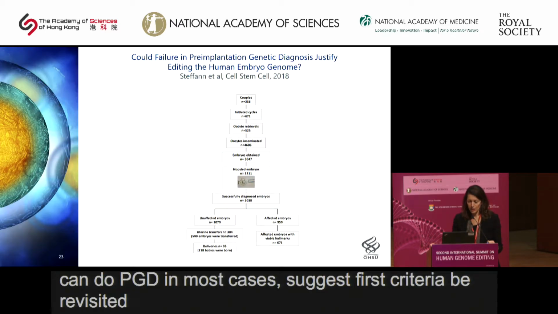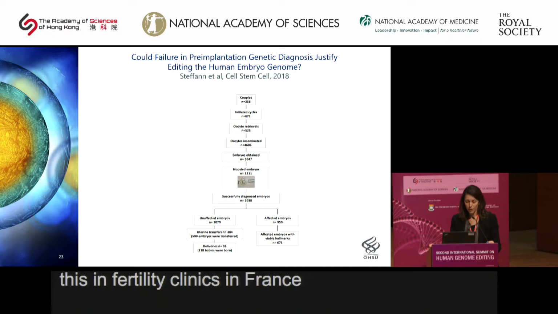So this is a series from a group of fertility clinics in France, looking at their experience with IVF and PGD over a 5-year period. So there were over 300 couples that were doing PGD for various genetic diseases. They underwent over 500 cycles of IVF, egg retrievals. 3,000 embryos were generated.